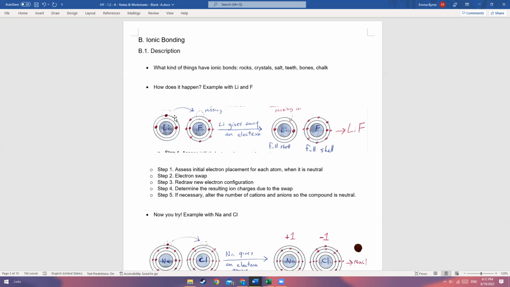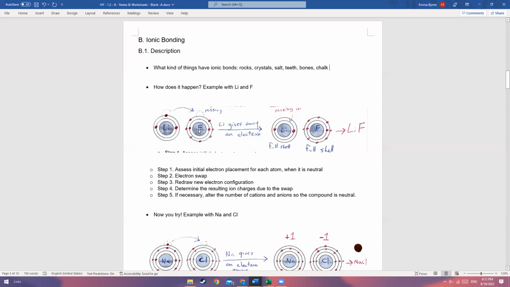And if we remember before, lithium could, to get a full shell of electrons, which is ultimately what they want, do one of 2 things. Lithium could either ditch an electron and just have a full first shell of electrons, or it could gain 7 electrons to fill that second ring. So that's the situation here with lithium.